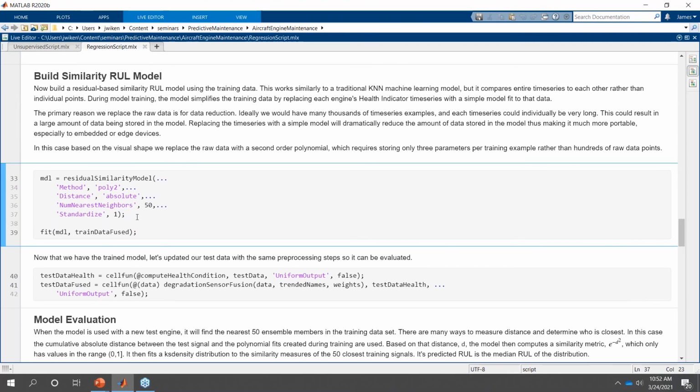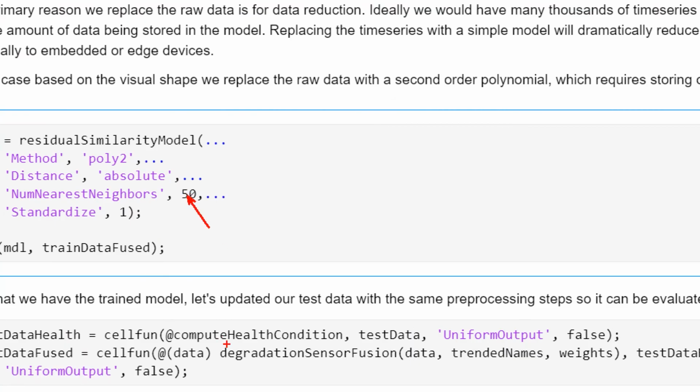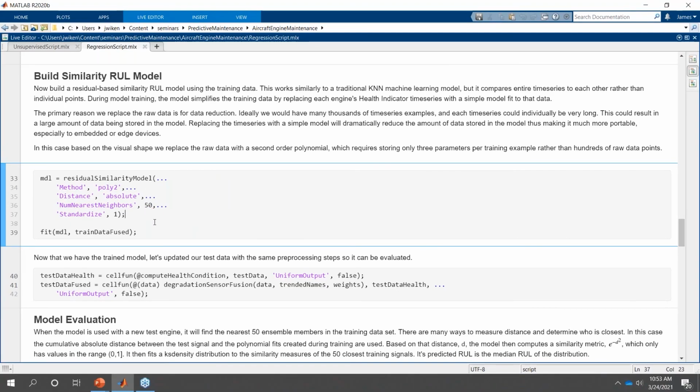If you're familiar with that model, essentially what it does is it takes a bunch of points and compares a new point to the closest K neighbors. In this case, we're setting that to be 50. Now, we're not looking at points, we're looking at time series in this case. So we're comparing it to the closest 50 time series from our original data.